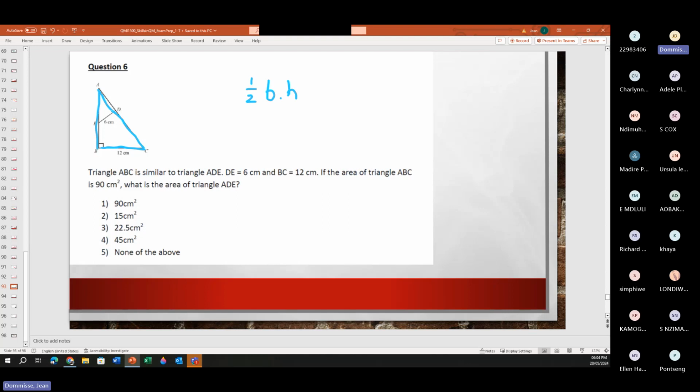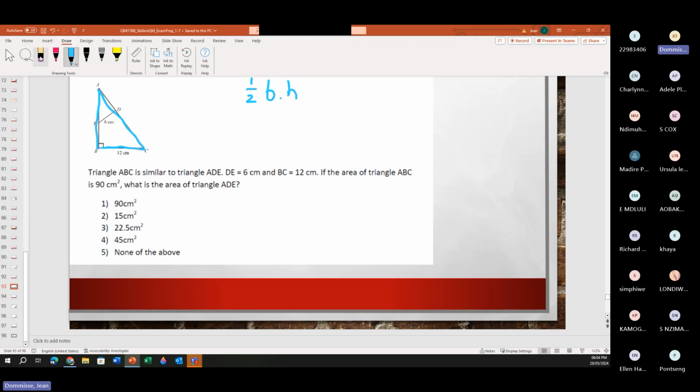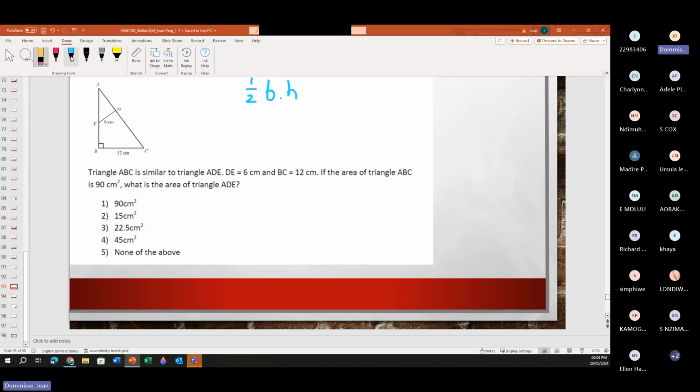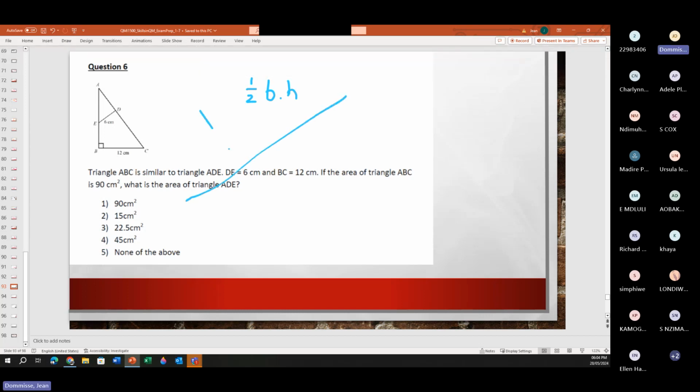We've got ABC, so if we can get that, we can get that, but that again does not work. We need a piece of information to tell us what the other base is as well. So we don't have enough information with this one, so I am actually going to take it out.